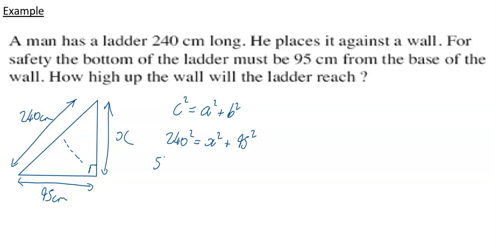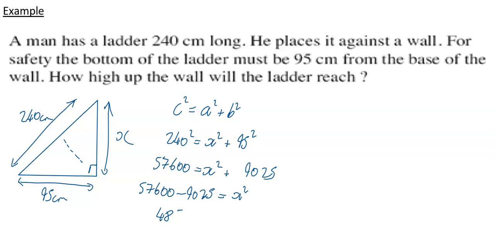So 240 squared gives you 57600 is equal to x squared plus 95 squared, which gives you 9025, and work on with this. So 57600 minus 9025 is equal to x squared, which gives you 48575 is equal to x squared.